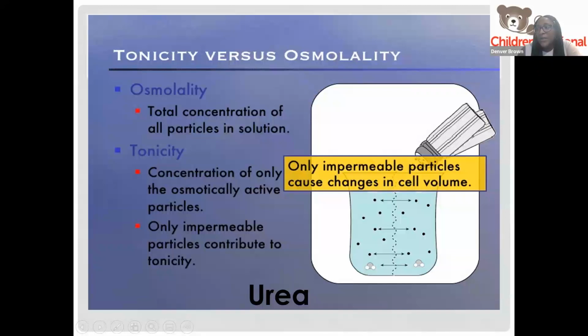So in states of high urea, like we have with renal failure, the plasma osmolality may be increased by the accumulation of urea, but the plasma tonicity is unchanged, again, because this urea can rapidly equilibrate.